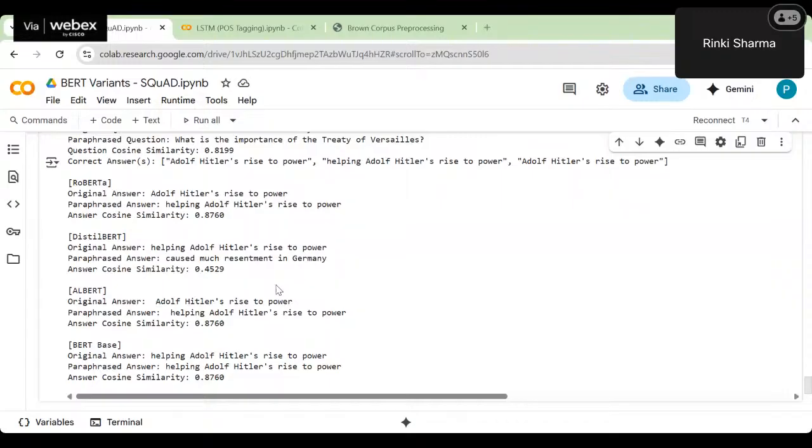They capture the meaning very well. So these two applications, one is paraphrasing and the other is enabling dropout during the prediction part, show you the ability of transformer based models to capture meaning. So this is all about the question answering task using BERT variants.